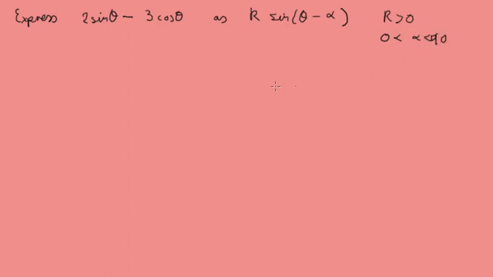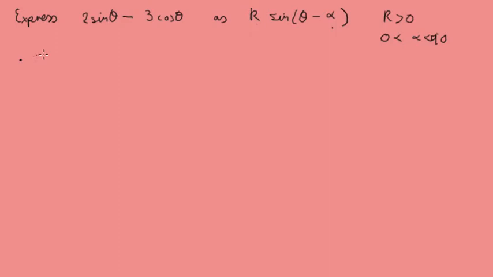Express 2 sine theta minus 3 cosine theta as r sine(theta minus alpha), where r is greater than 0 and alpha is between 0 and 90 degrees. We're going to use what we've just been learning to find the value of r and the value of alpha.